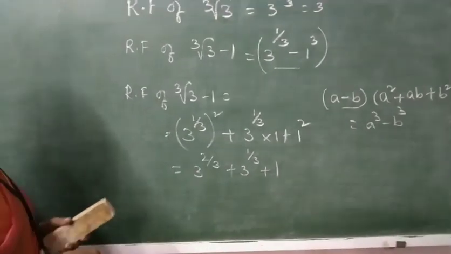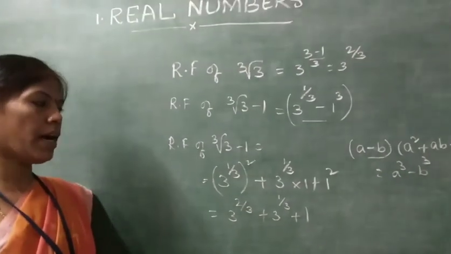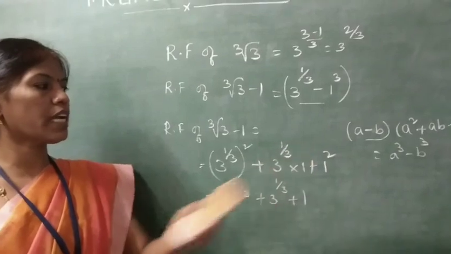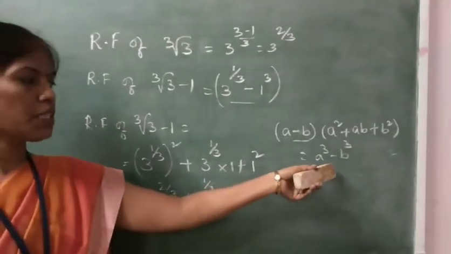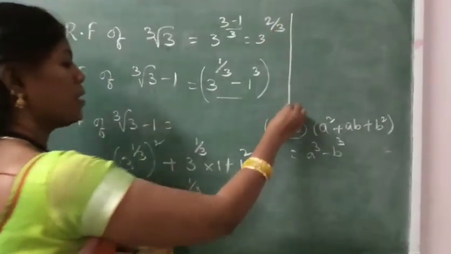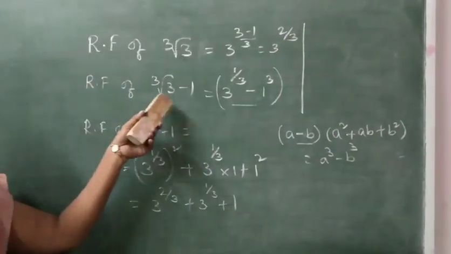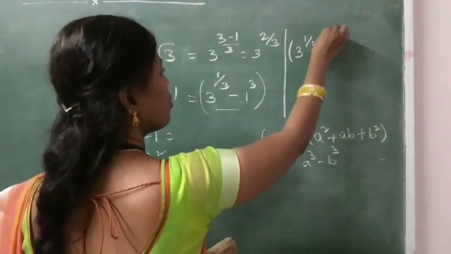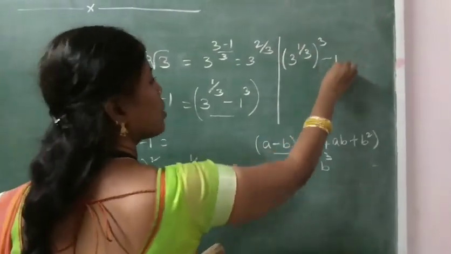So this is the rationalizing factor of cube root 3 minus 1. If this is multiplied, what should we get? The product is a cube minus b cube. What is a here? 3 power 1 by 3. So 3 power 1 by 3 whole cube minus 1 cube.